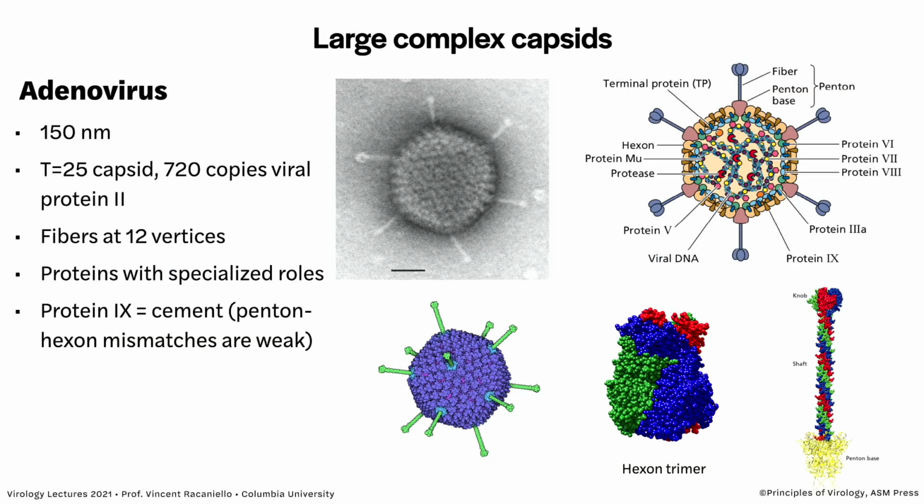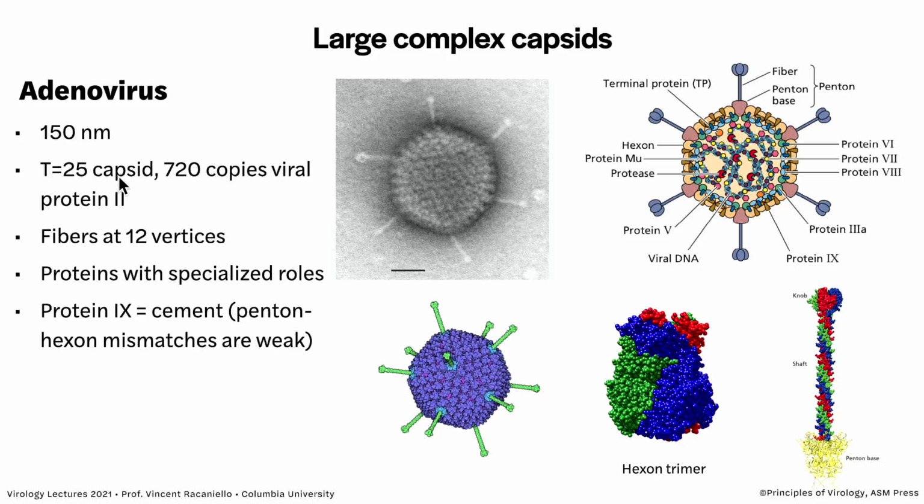All right, even bigger and more complicated capsids can be built. I'll show you a couple of examples of that. Here's adenovirus, where the electron micrograph shows you this icosahedral capsid with fibers sticking out at each 5-fold axis of symmetry. So that's something different. It's 150 nanometers.